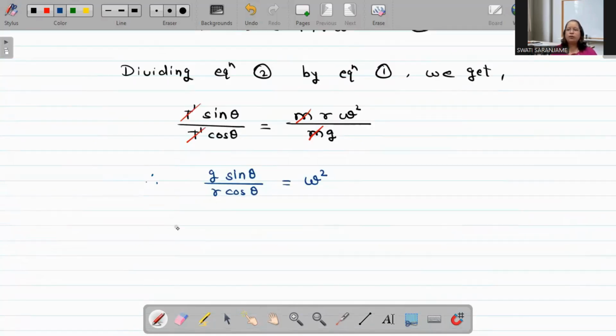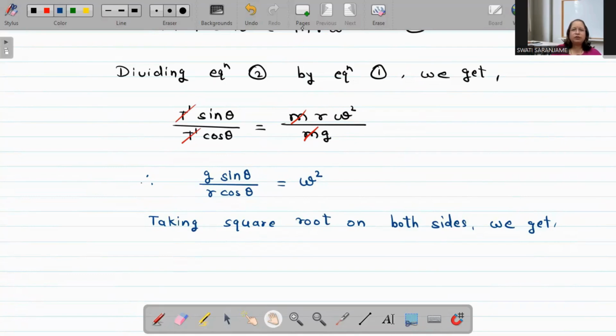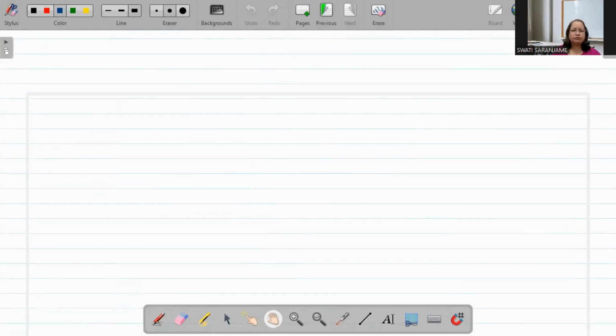As T is 2 pi by omega, we know that. Therefore, taking square root on both sides, we get omega is equal to under root g sine theta by r cos theta.